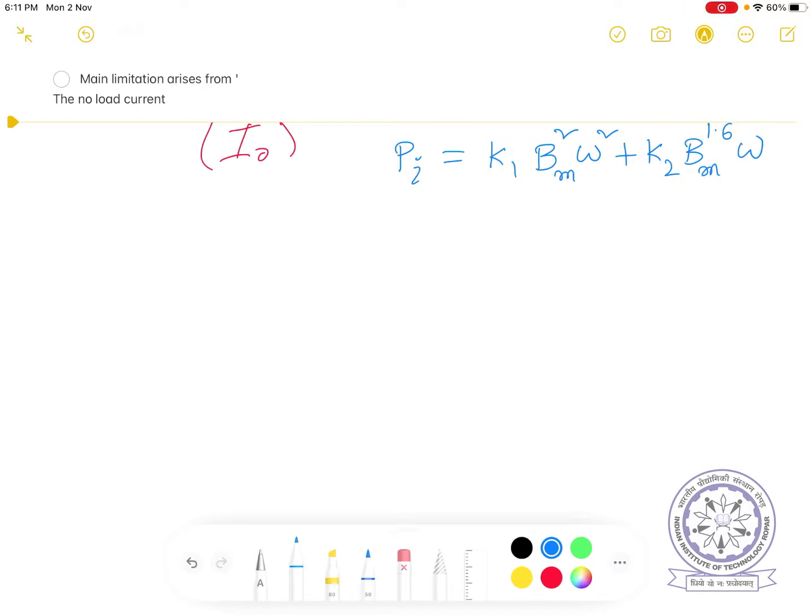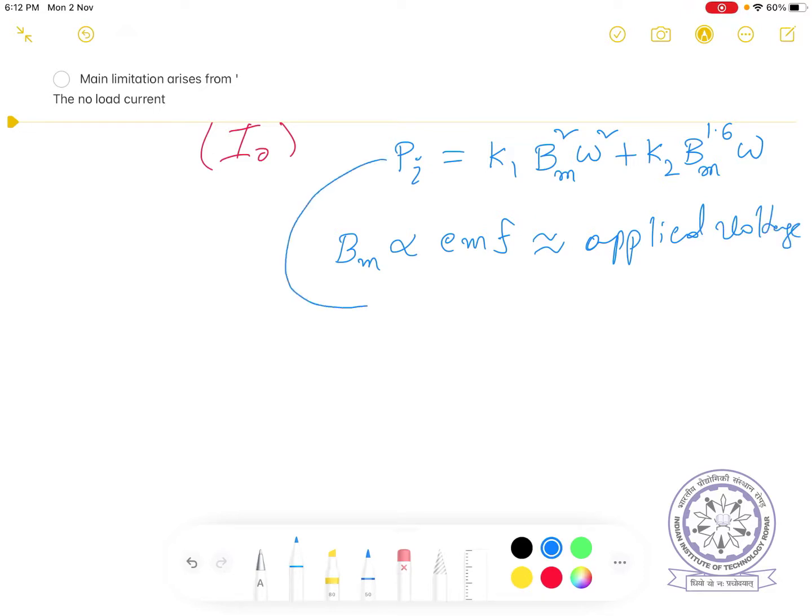Now obviously Bm is proportional to EMF, or EMF is proportional to Bm. So therefore it is approximately equal to the applied voltage. Therefore the losses occurring in the transformer do not have a linear relationship with voltage.